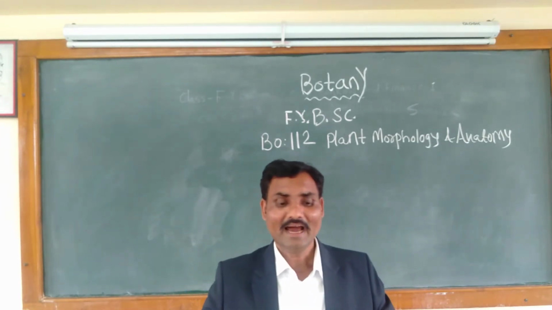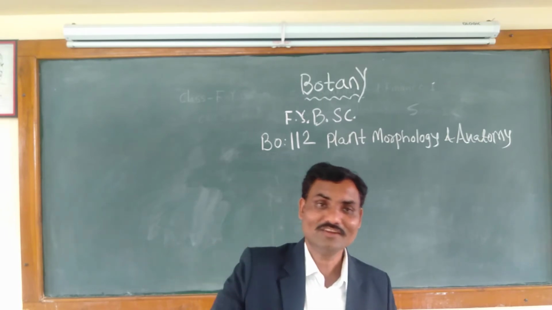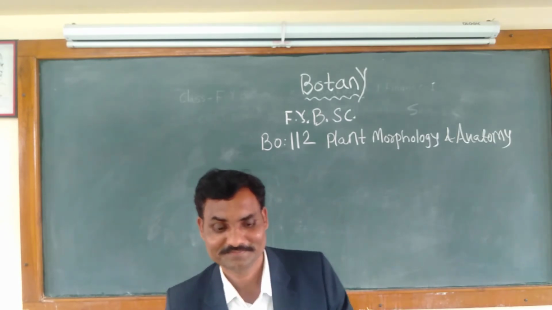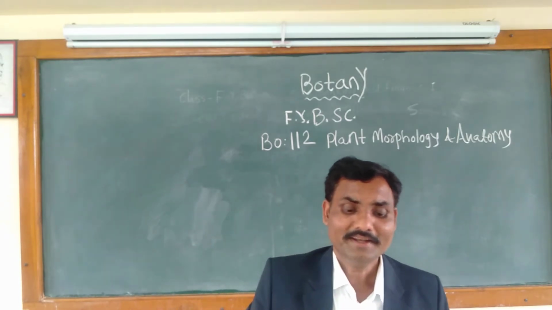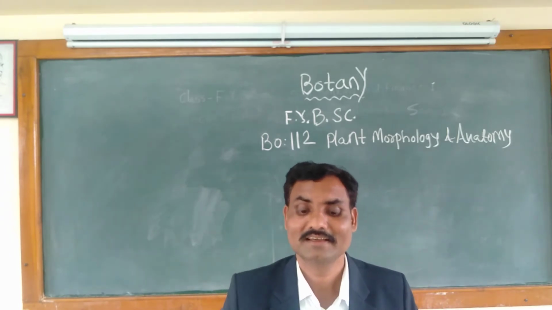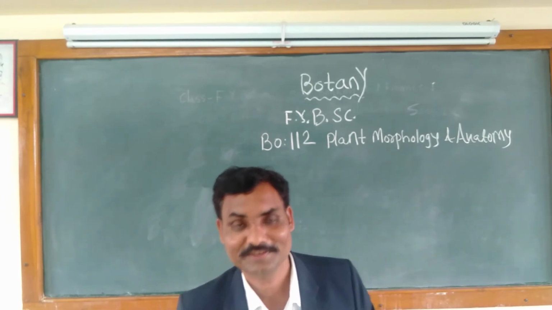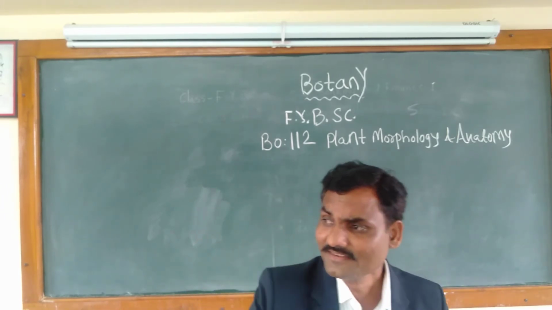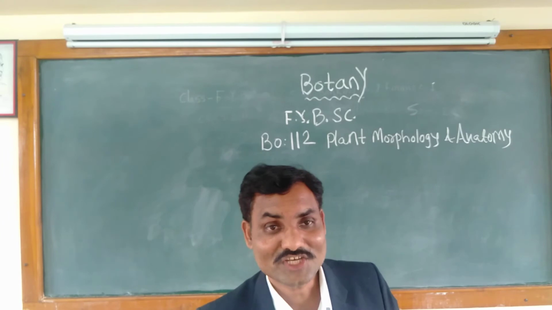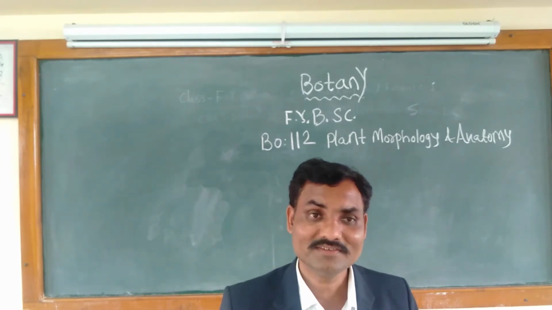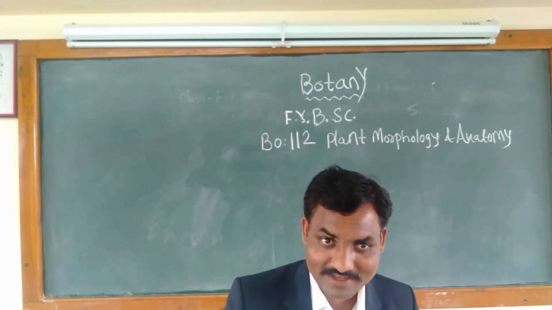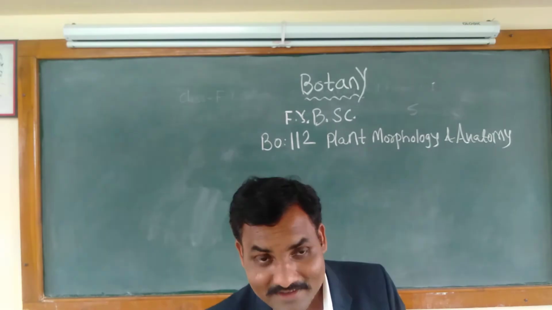Then, after this, there is another article which is included in our syllabus, that is about symmetry. Then, there are two types of symmetry, actinomorphic and zygomorphic symmetry. Then next article is sexuality. What is sexuality? Means flowers are of which sex? Either androecium is there, or gynoecium is there, or neutral.